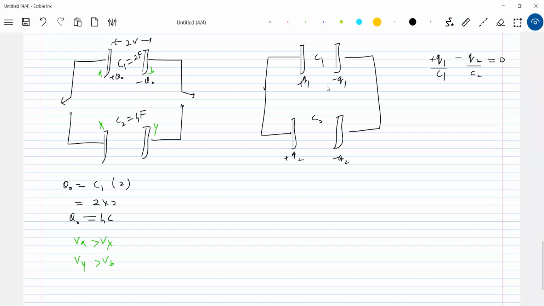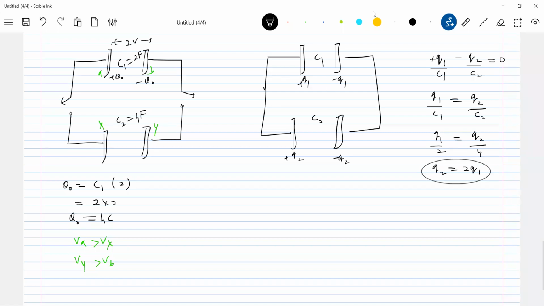So Q1 by C1 equals Q2 by C2. C1 is 2 and C2 is 4, so Q2 is equal to 2Q1. Okay, there's one equation, we'll keep it.